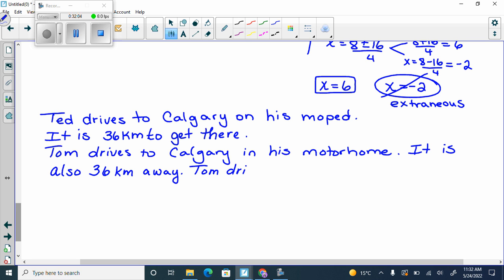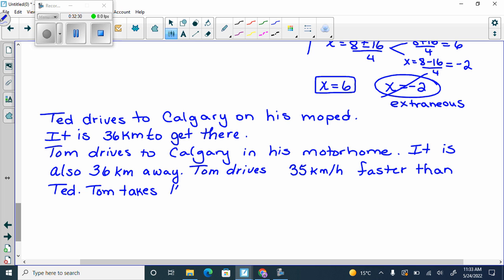Tom drives 35 kilometers per hour faster than Ted. Tom takes 10 minutes less. Determine the time of Tom.